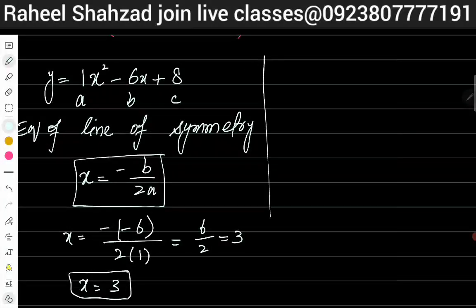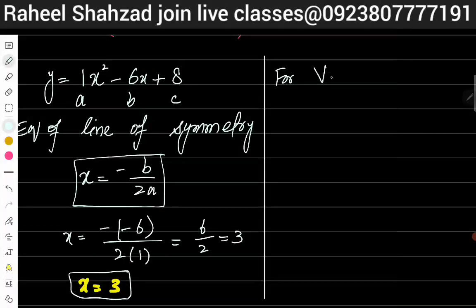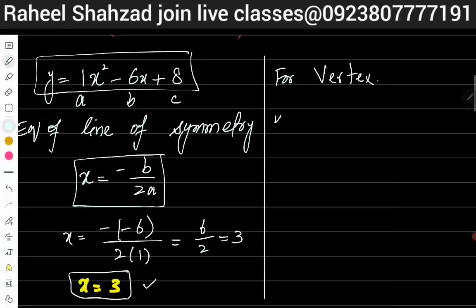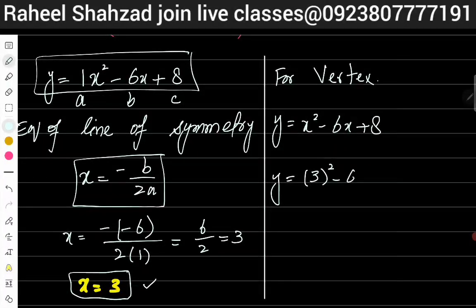And similarly, if we need to find the y coordinate of the vertex, the line of symmetry also represents the x coordinate of the vertex. Okay, so now for the vertex, we are going to substitute this value of x in the original equation, y equals x square minus 6x plus 8, right? So x equals 3, so y is equal to 3 square minus 6 into 3 plus 8.